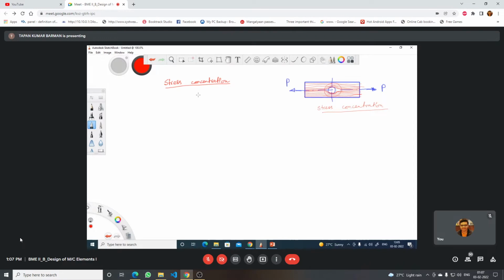You take another example, say your plate is like this, and here one elliptical hole is present. Like this, okay, and load P is applied.